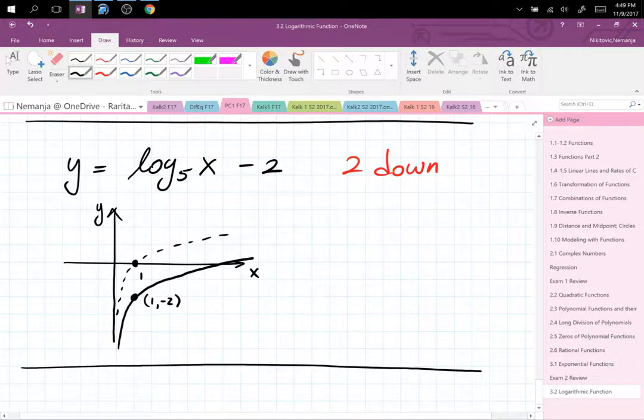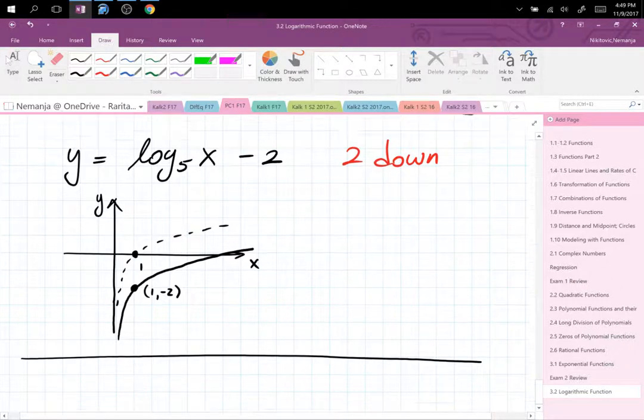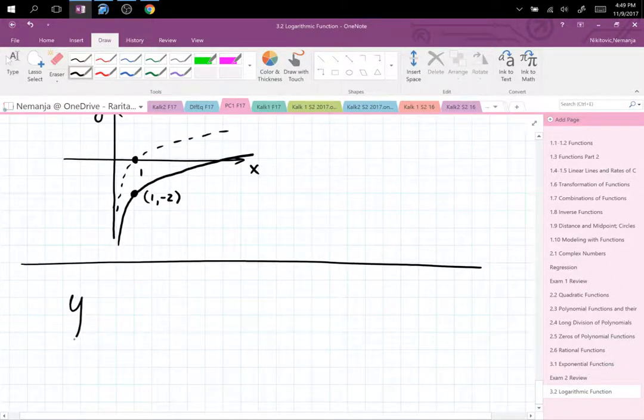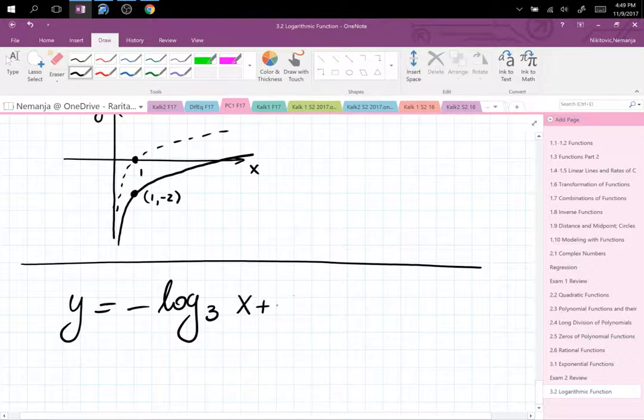Let's work on one of the reflections. y equals negative log base 3 of (x plus 2). What do I have in terms of transformations? Reflection on the x-axis.